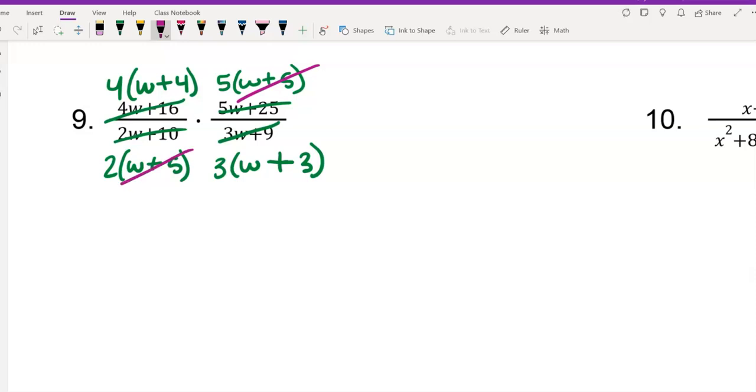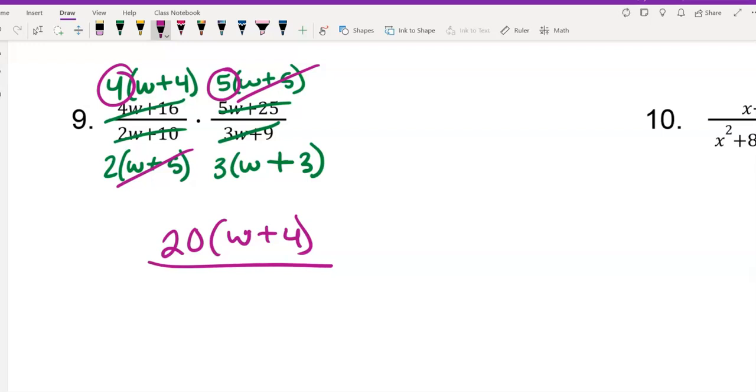I see W plus 5, and that's the only thing that matches. So let's go ahead and rewrite. Here we have 5 times 4, which is 20. We still have that W plus 4. And on the bottom, we have 3 times 2, which is 6. There we go.